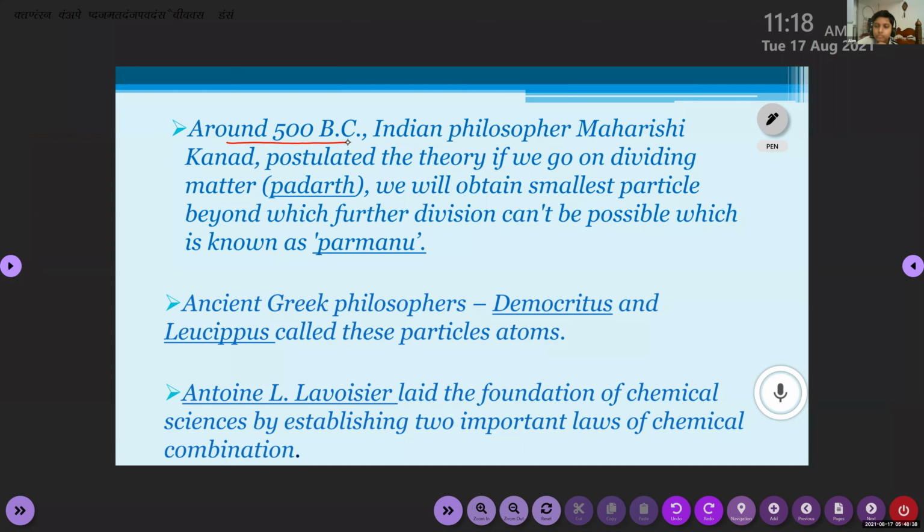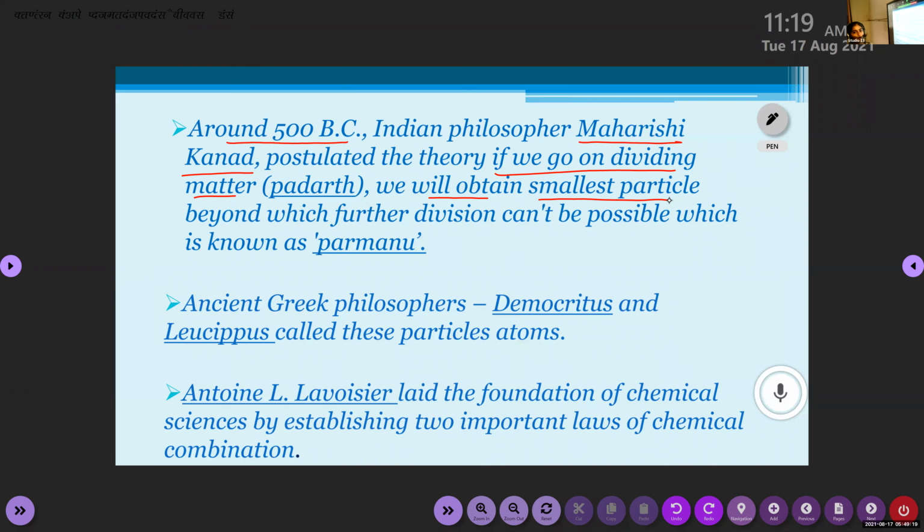So around 500 BC, Indian philosopher Maharishi Kanad postulated, meaning he suggested the theory, that if we go on dividing the matter or padarth, which is the Sanskrit word, we will obtain the smallest particle beyond which further division can't be possible, which is known as paramanu.